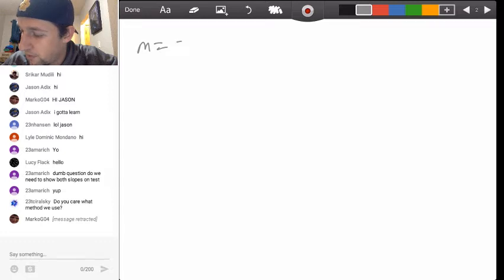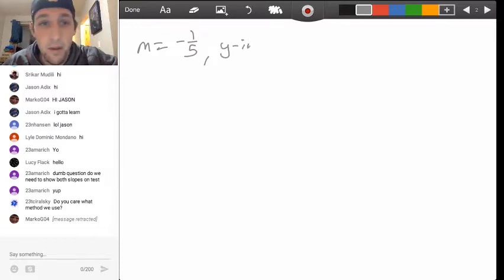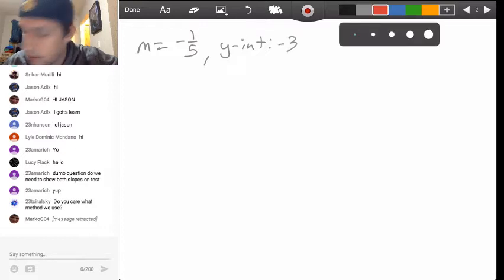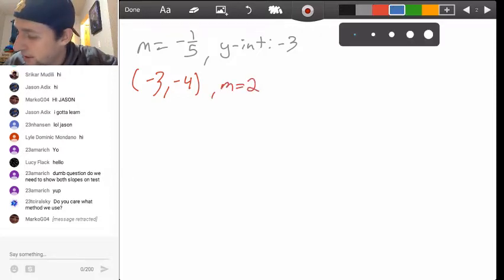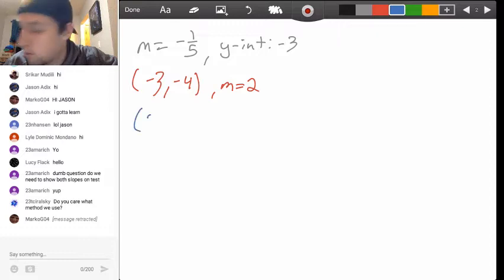I'm going to use m for slope because that's what we typically use, and I don't want to write the word slope over and over again. And you're given a y-intercept of -3. In the second one, you're given that it goes through the point -3, -4. That's a solution, a point on the graph, and that it has a slope of 2. In the next one, you're given that it goes through 2 very specific points.